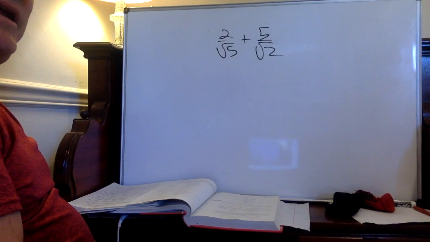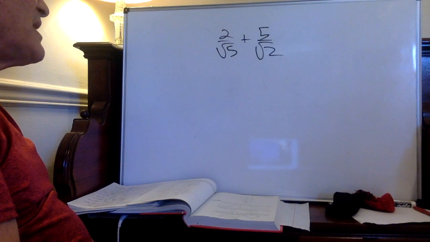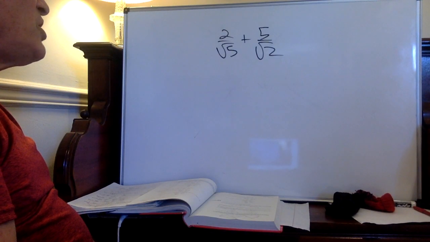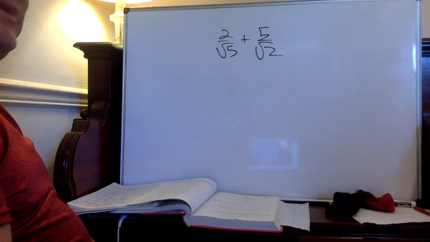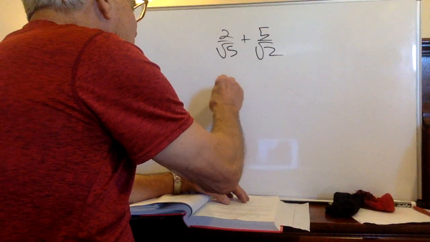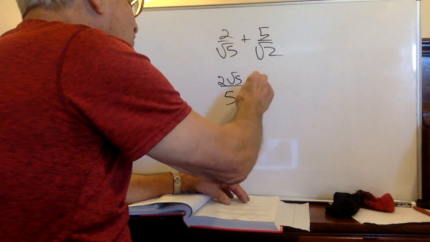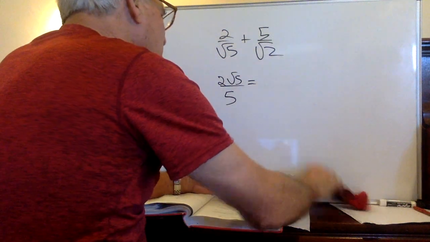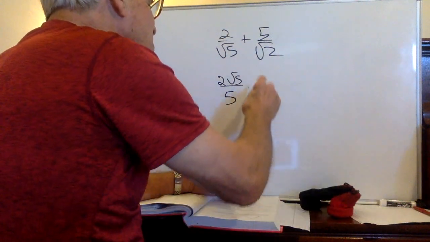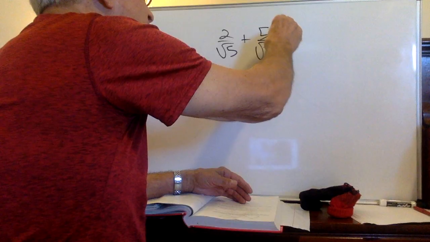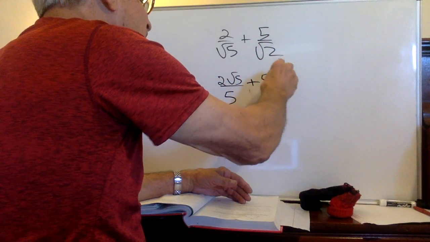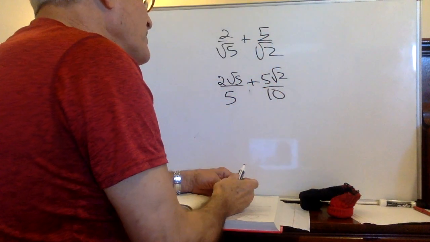I cannot combine these as they stand, but I could rationalize the denominator in each case. So I get 2 root 5 over 5, multiplied by root 5 over root 5, plus, here I need to multiply by root 2 over root 2, and I get 5 root 2 over 10.